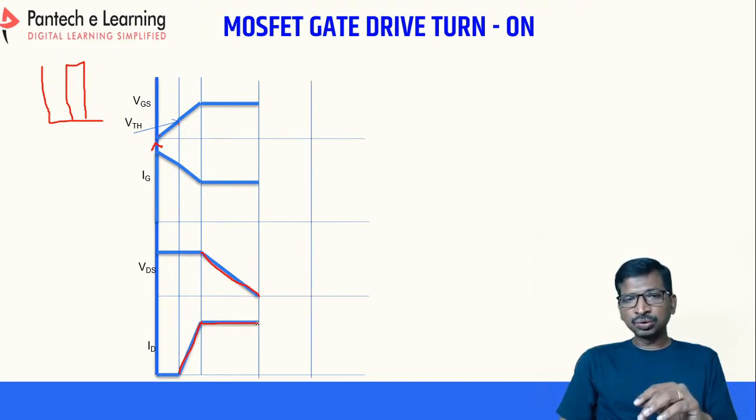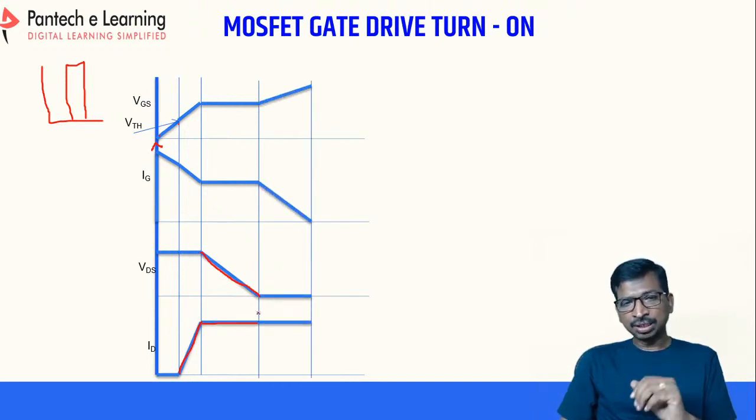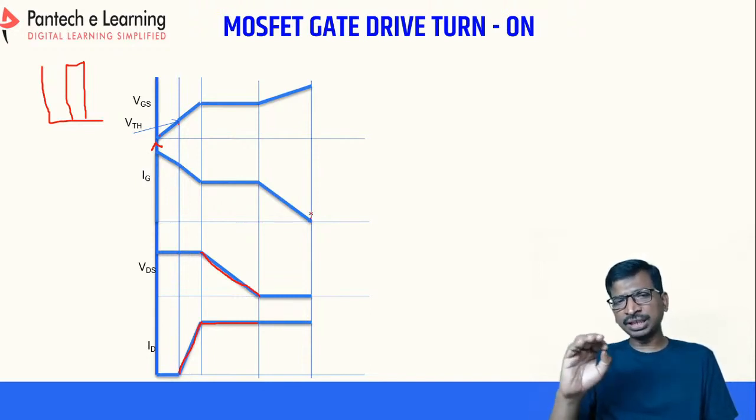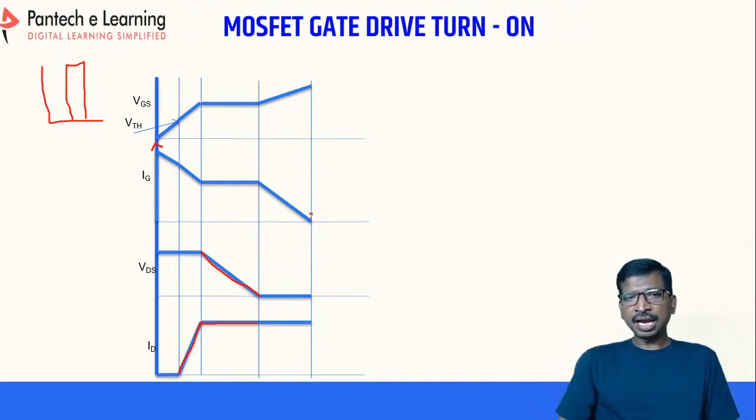Right? So this is the actual mechanism. After the drain to source voltage reaches zero, during this time the gate current will reach a minimum, not zero, a minimum sufficient current will be there. After that the gate to source voltage will be maximum.